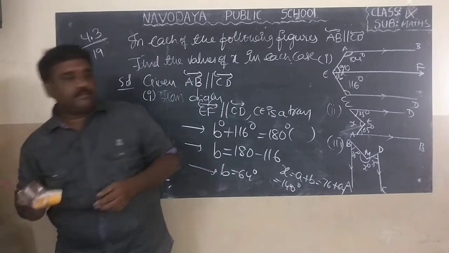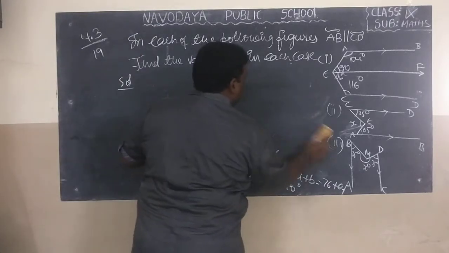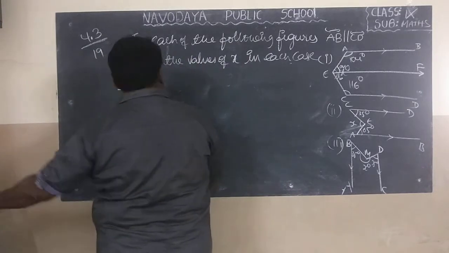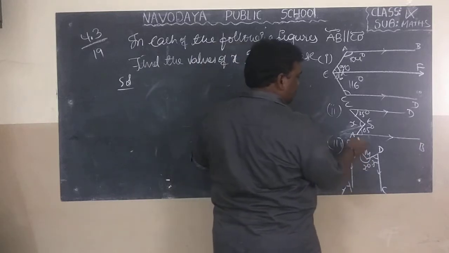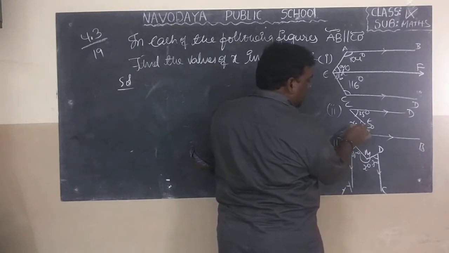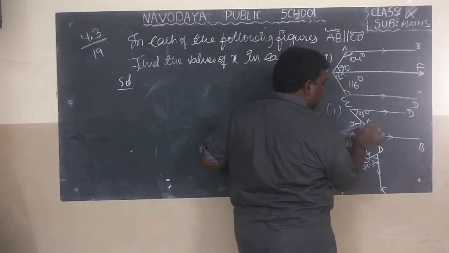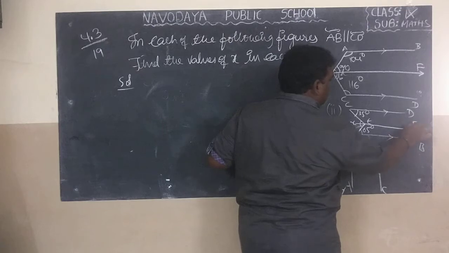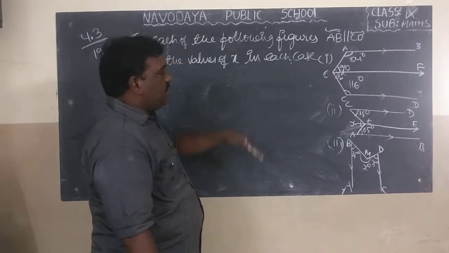Second diagram. First diagram completed. So what is there in the second diagram? Through E, again the same construction. Draw a line parallel to CD, and it is parallel to AB also.